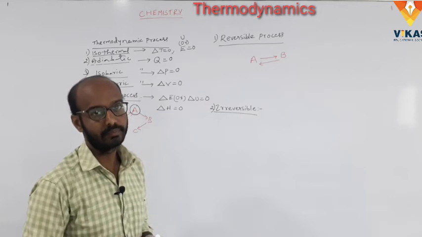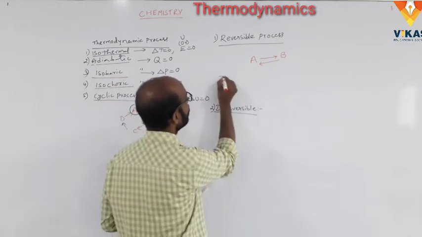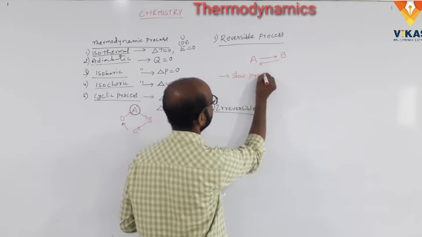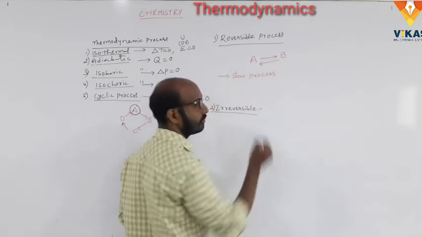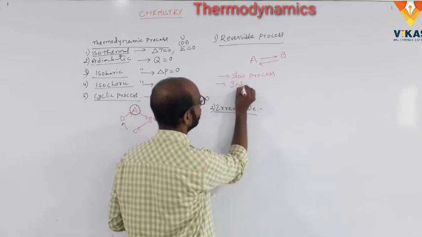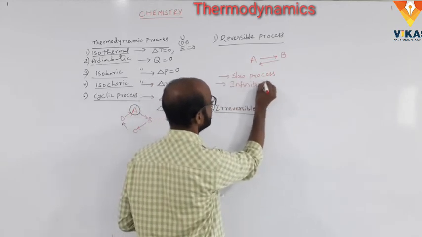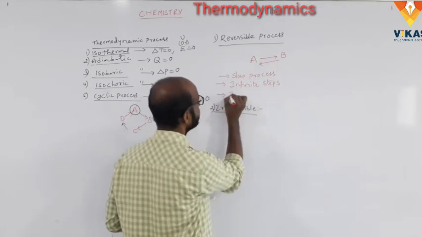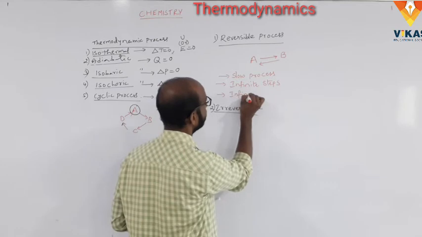Reversible is a slow process. It involves infinite steps and infinite time.